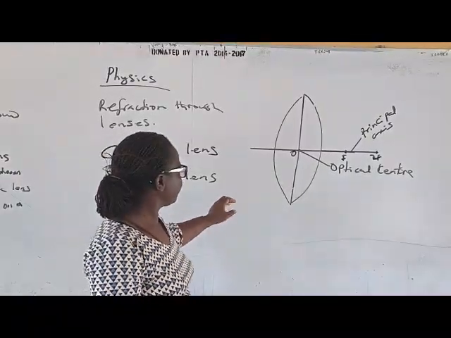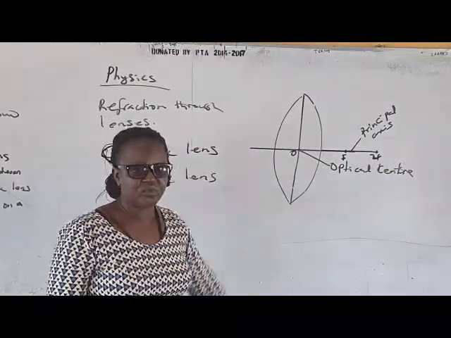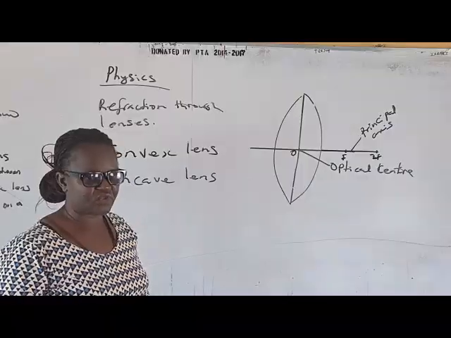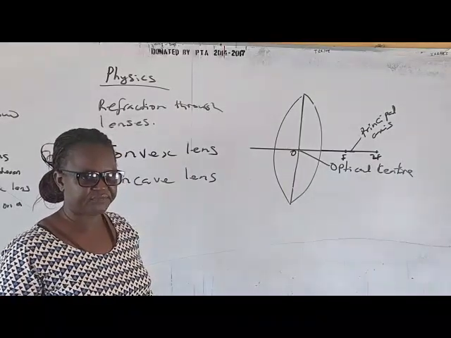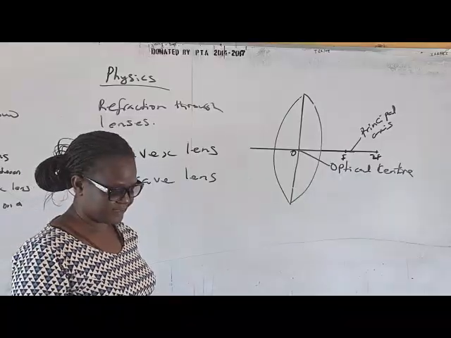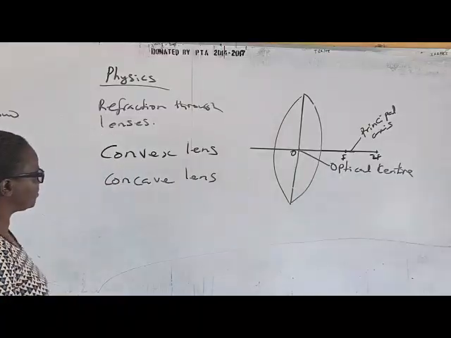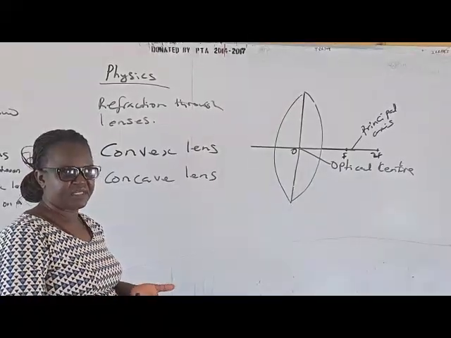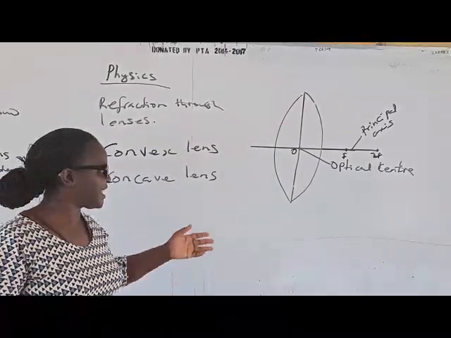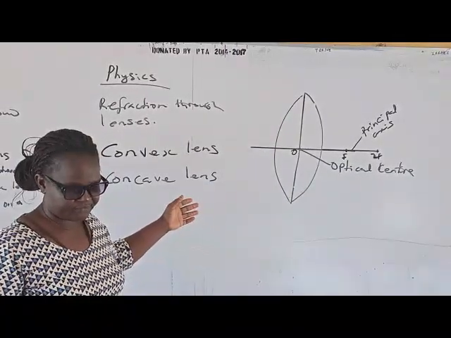What are those rules that will guide you in constructing these images? Because you have to follow specific rules, just as we did for the mirror, so that you are able to get the right position of the image, the right nature of the image, and the image distance from the lens as well.